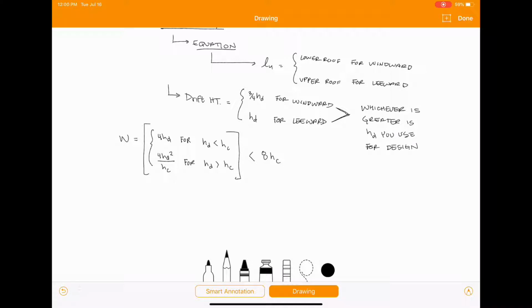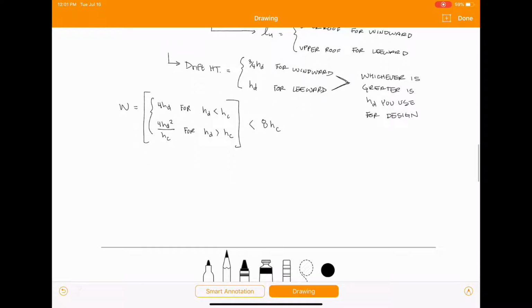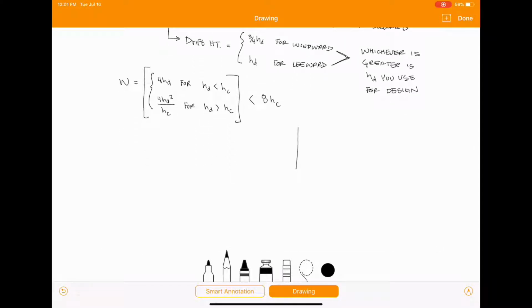And just another thing to point out when we're talking about width, if we've got this roof section here, let's say this roof is just really short. Say you end up calculating your width and you get your width to be 9 feet, but this here is only 5 feet.